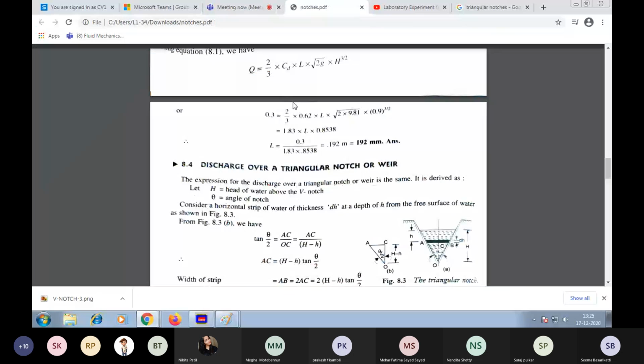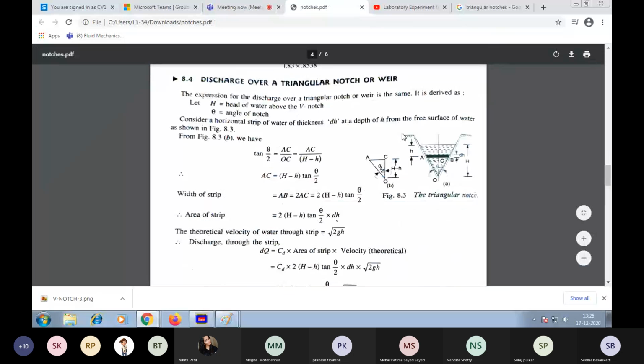So here you can see this is the triangular notch, level of the water. It is very difficult to identify the discharge, so I'm going to divide this particular portion into a number of parallel strips, and calculate the discharge for a single strip. When I integrate that, I will know the discharge for this entire triangular notch.